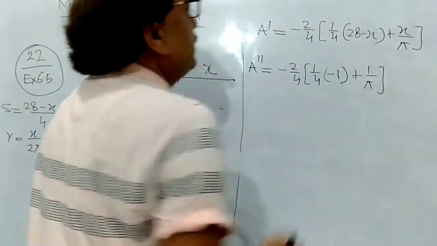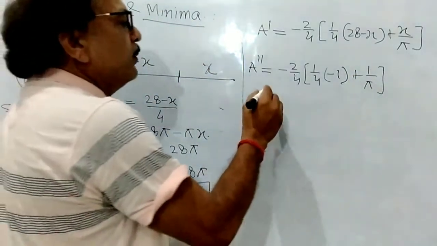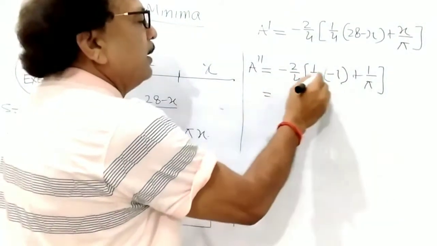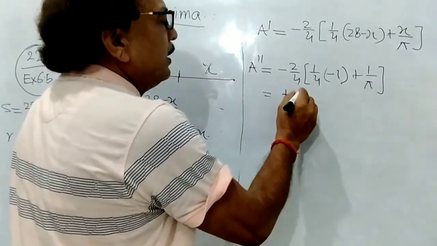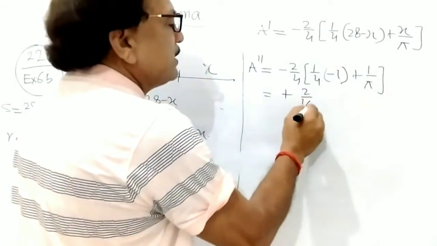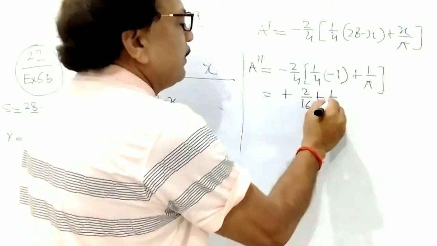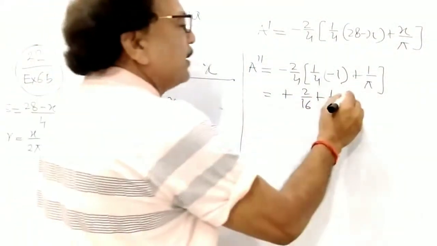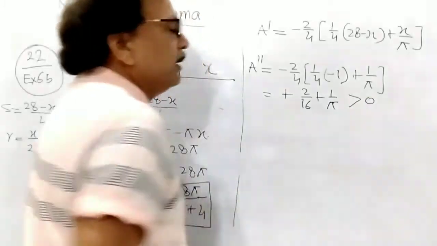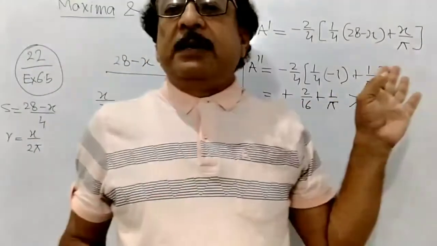So this will be the second derivative. We can write 2 upon 16 plus 1 upon 5. This will be greater than 0, always greater than 0.